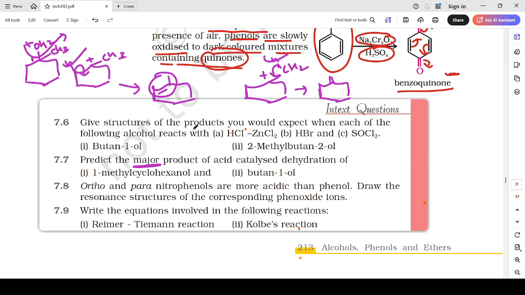Ma'am, why is it the major product again? The more substituted alkene will have more hyperconjugation structures, or more alpha hydrogens will be there. That makes it stable. Did you understand?